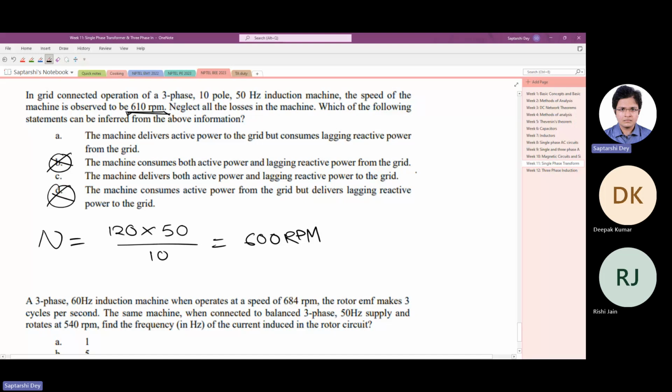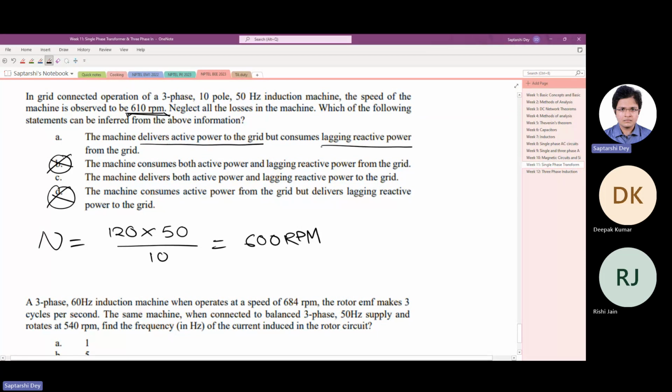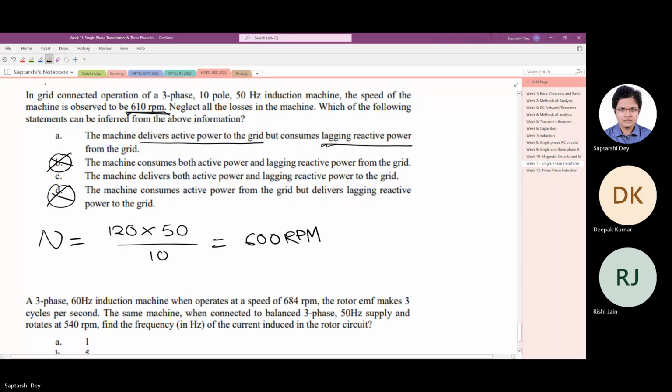Braking means negative torque, in the same direction of rotation but negative torque, so negative power. So it is giving power back to the grid. It delivers active power to the grid but consumes lagging reactive power. An induction machine cannot give leading power to the grid like a synchronous machine. So this is the correct answer.